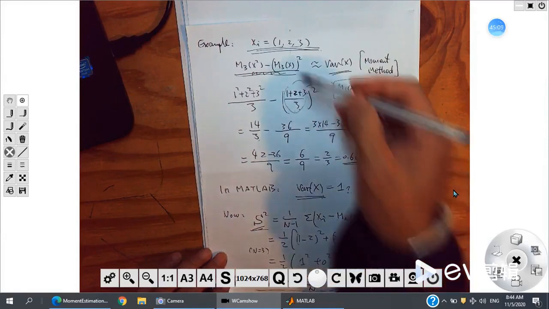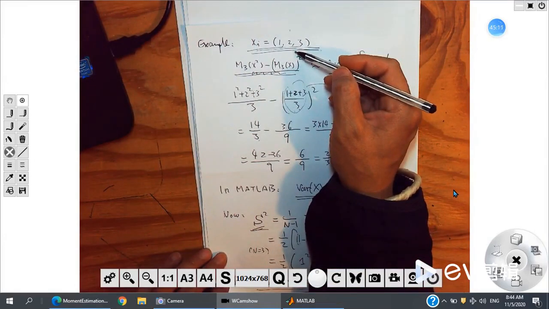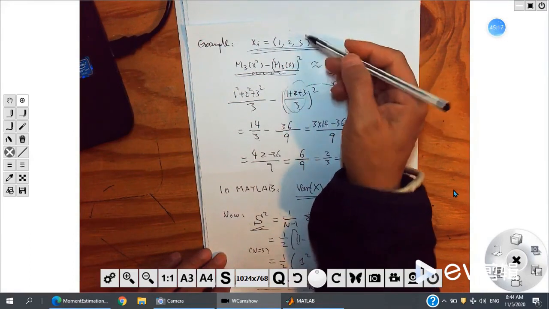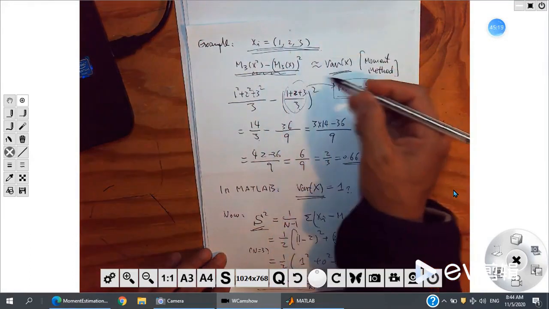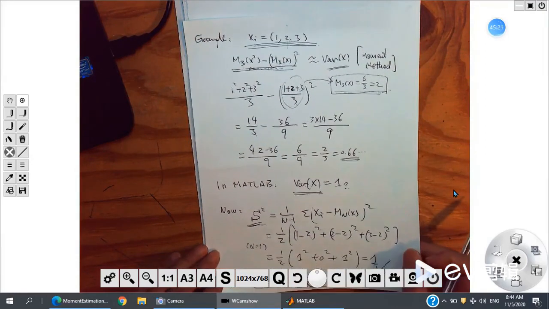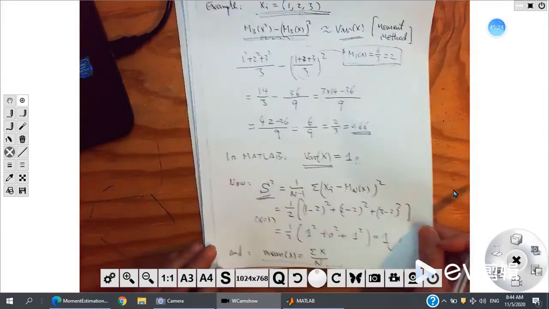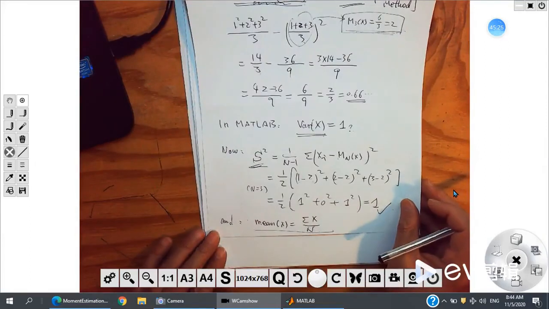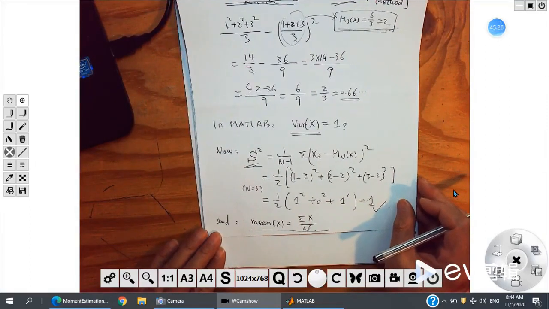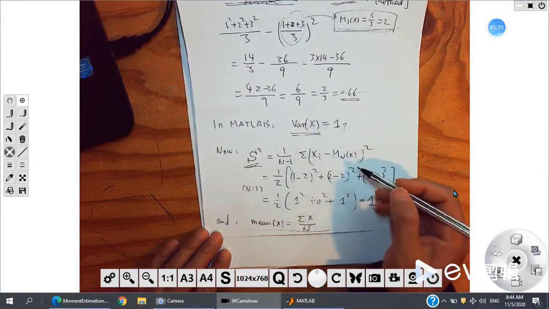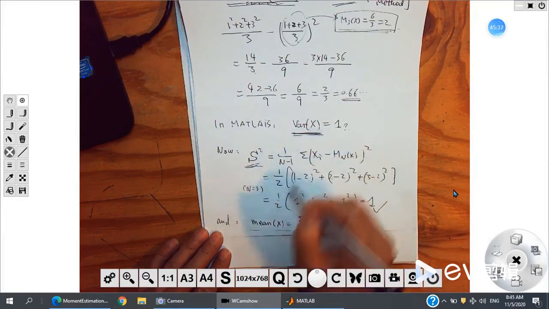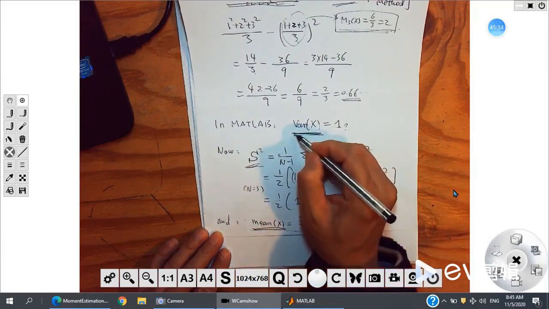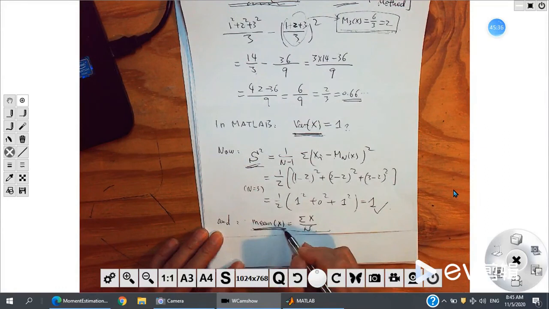If you have samples like 20 or 30, or even several hundred samples, then of course you don't want to calculate by hand. You need to use MATLAB to do it. Then you should know which kind of function can be used and want to know the exact meaning of those functions. So here you should know these two: the variance of x and the mean of x.